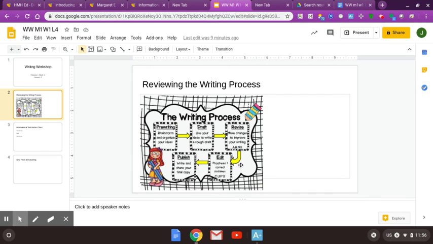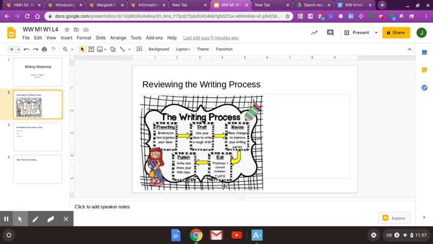After you've done revision, then we come down to editing. Now, editing is where we do proofreading and we correct mistakes that we notice. We think of CUPS, or cups as we call it.